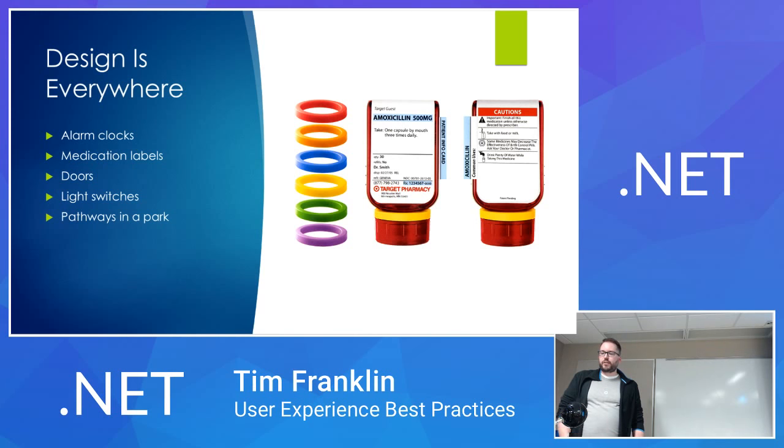And it's everywhere. Light switches, pathways in a park. So there used to be a theater downtown. It's been revamped since then, but they had a grassy area, and it had sidewalks all around it. Some of you may know what I'm talking about. It used to be College Station, I think, and now it's something else. And so there was a well-worn path right through the grass, and there was no grass whatsoever there because that's where everyone walked.